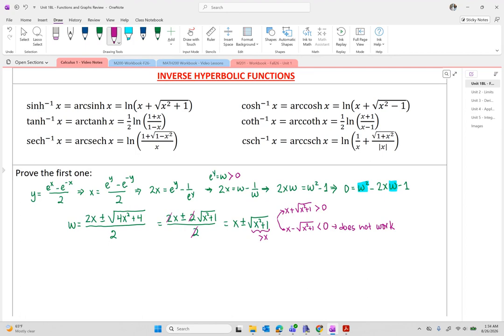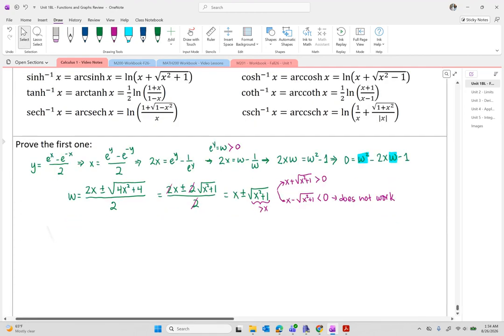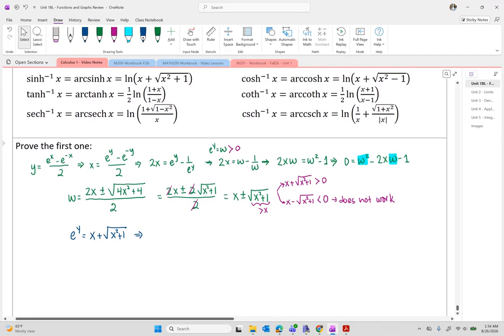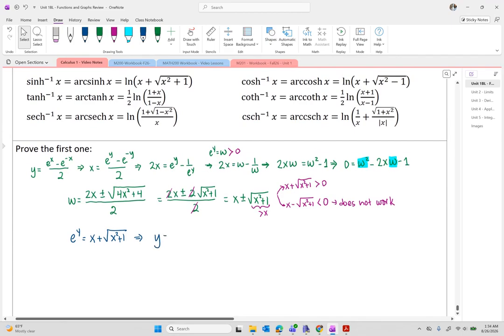So what was w? w was e to the y. So I have e to the y equals x plus the square root of x squared plus 1. And if I write this in logarithmic form, I will have y equals the ln of the quantity x plus the square root of x squared plus 1.